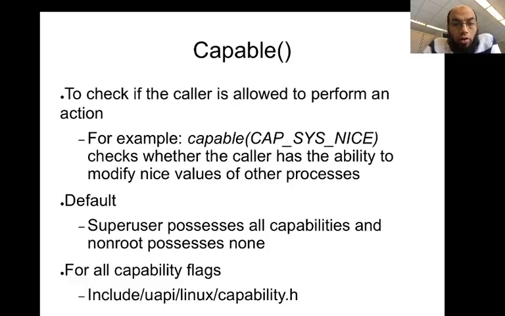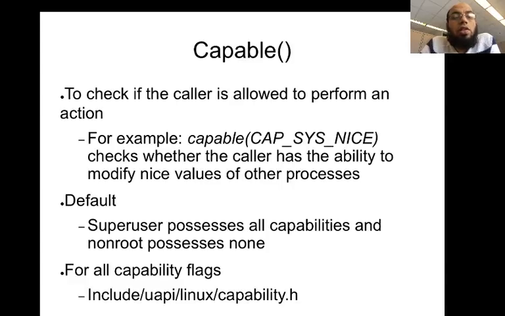To check if the caller is allowed to perform an action, for example, you want to make sure that he is allowed to send me these values, he's allowed to send me arguments, he's allowed to touch this part of memory. There is a function that is called capable.